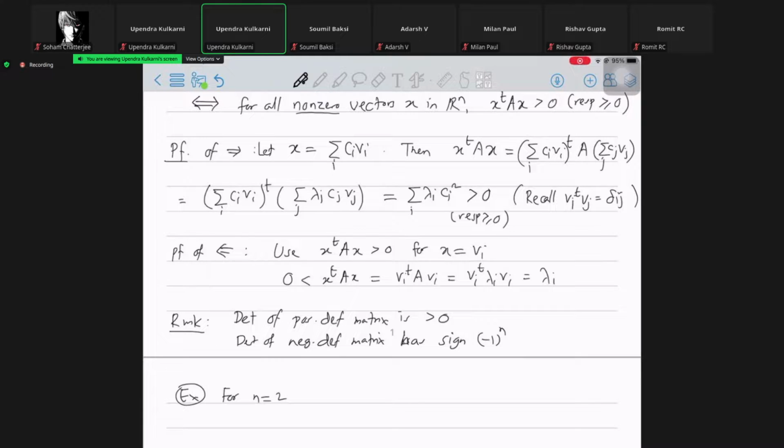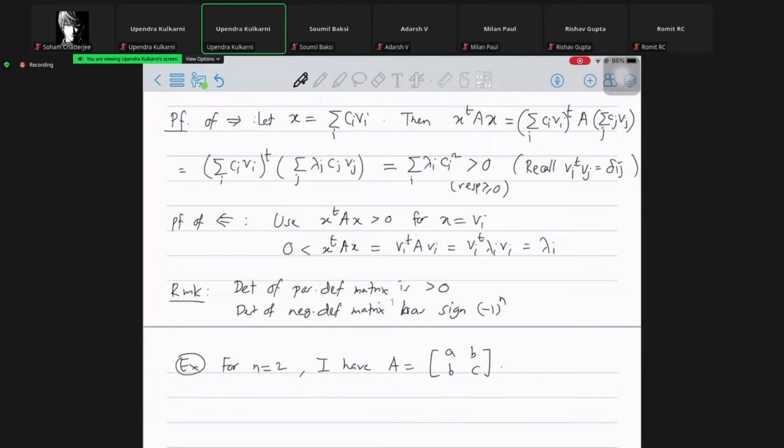For n equal to 2, the matrix A is going to be of the type, let us say, A, B, and then B, C, correct? It's a symmetric matrix. So the question is, can I have a criterion just in terms of the entries, allowing me to detect whether A is positive definite or not? And the answer is yes.